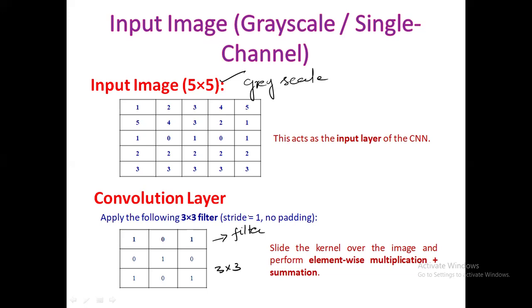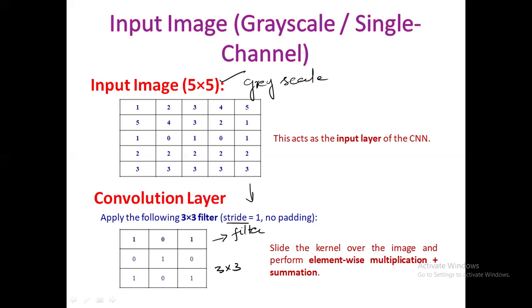In this case we have taken the stride as 1 by 1, so it will move one step at a time. The same multiply and sum process is repeated until the entire image is covered.